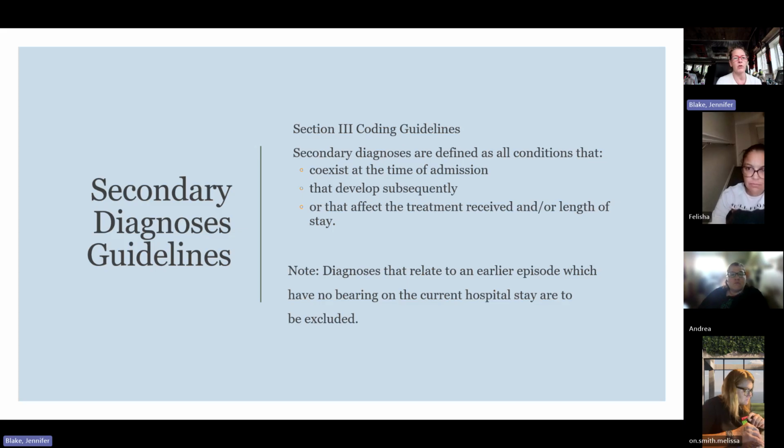They're having some flutters in their heart. If any one of those can affect the treatment, then that's when we would want to code that for that secondary diagnosis. Okay. So that's in regards to your hospital stay. As long as it has an impact on that treatment, then we would code. Okay. If it doesn't have any bearing, don't code it. It just has to impact that treatment.